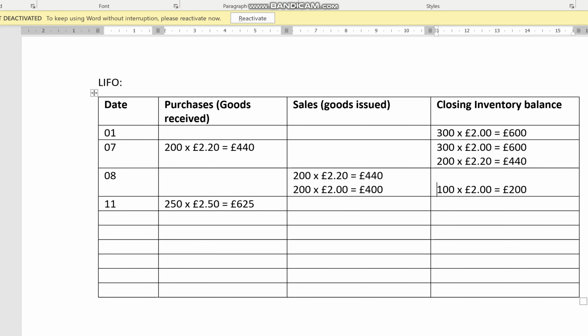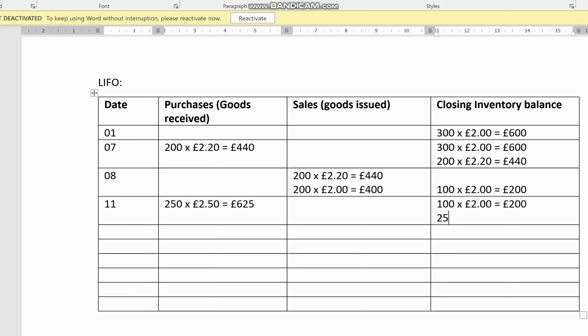Now the inventory will be updated in this way, that we already had these 100 units, plus on top of that, we recently purchased 250 at 2.5 each with a value of 625. So now we've got a total of 350 units.